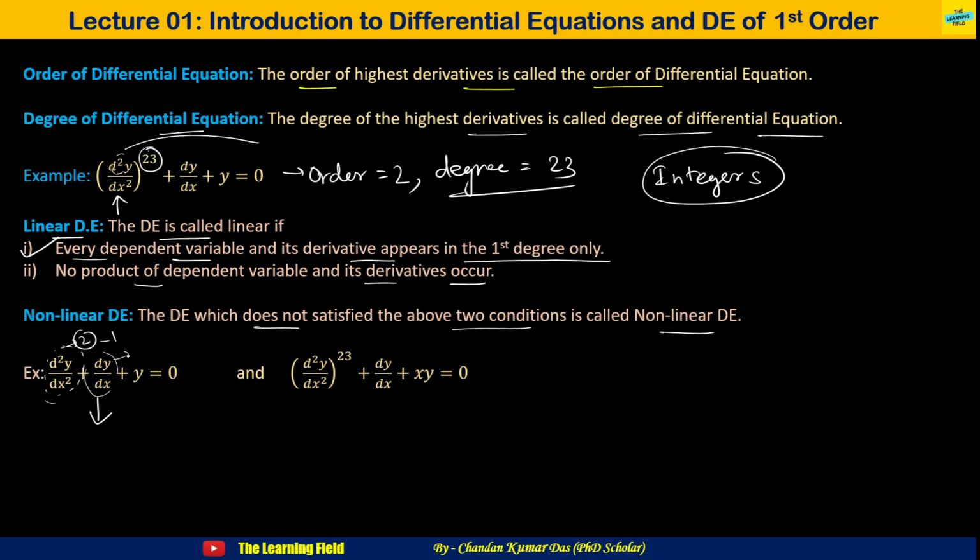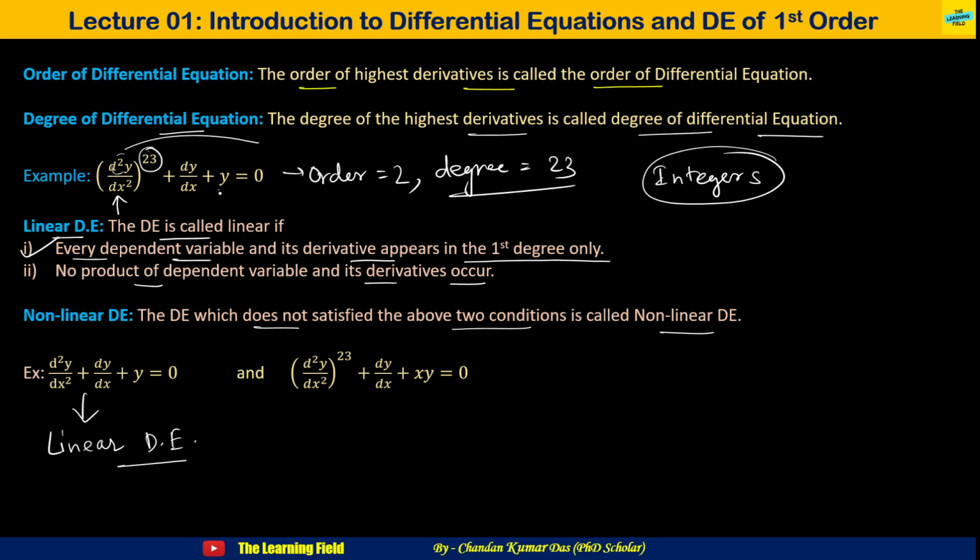This term is also in 1 degree. This is also in 1 degree. And there is no product of the dependent variable and its derivative term. So there is no product, as you have already seen. That means this differential equation is clearly an example of a linear differential equation, right?